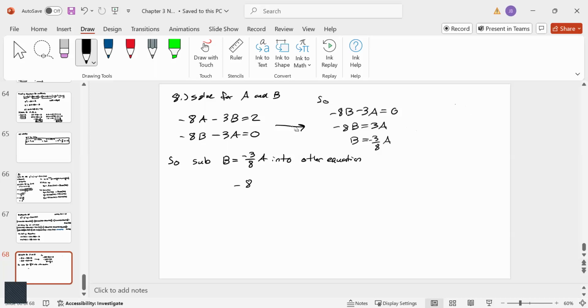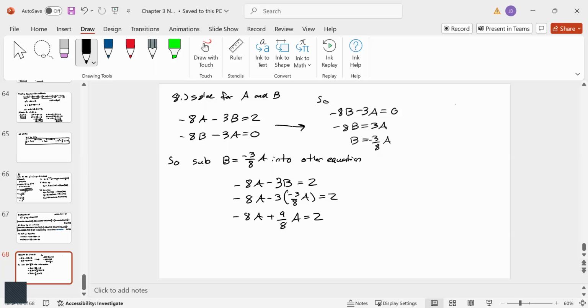So negative 8a plus 3b equals 2. Negative 8a plus 3 times negative 3/8 a equals 2. And you'll often get fractional answers here, there's no avoiding it. Negative 8a plus 9 over 8 a equals 2.